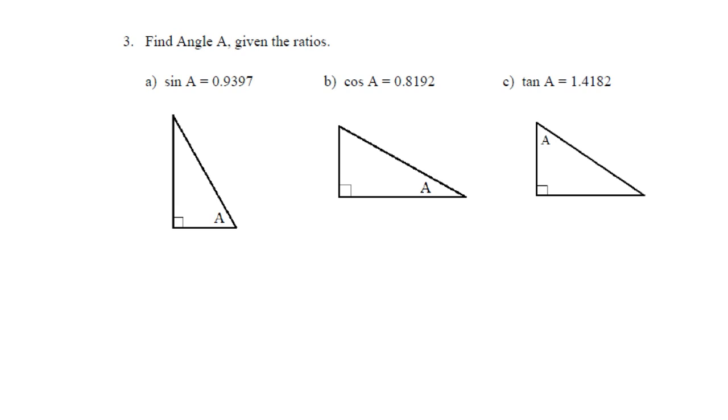Then we found trig ratios based on an angle. Now we just used our calculator to find our ratios in decimal form or percent form based on an angle. Now I'm asking you to find the angle. We're going backwards. We don't know the angle. So this is going to require a different keying sequence for us.